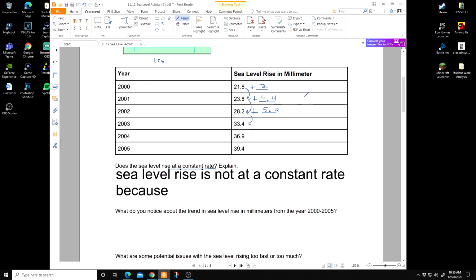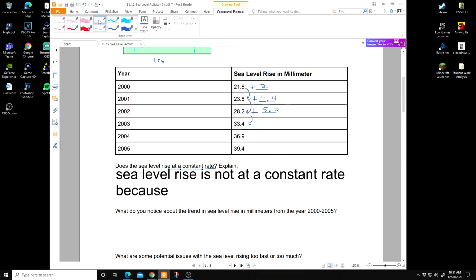It does not grow at a constant rate because every year, so let me go ahead and get the typewriter real quick and let me explain it. First of all, what is a constant rate? In order to be a constant rate, you need to either add or subtract by the same amount. So in order for this to have been a constant rate, we would need this to be plus 2, plus 2, plus 2 every time.